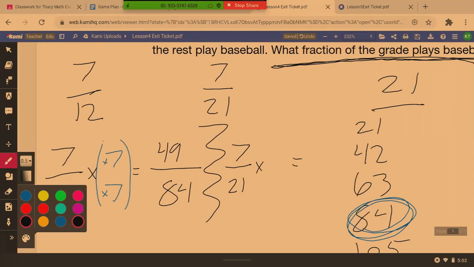We are multiplying it, and we want to get 84. So how many times does 21 go into 84? 1, 2, 3, 4. So I need to multiply 21 times 4. 7 times 4. 28.